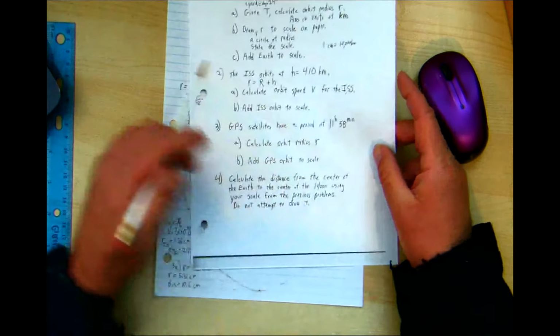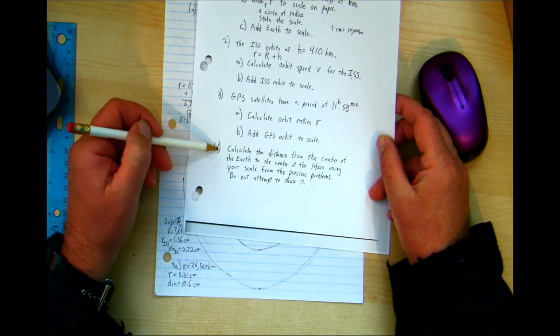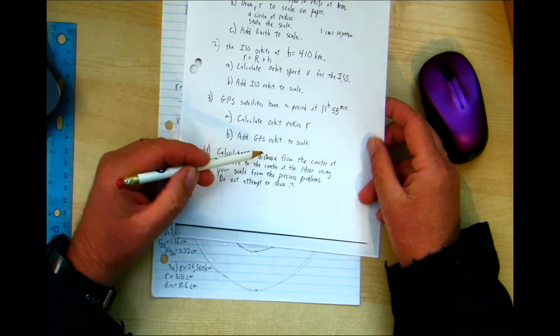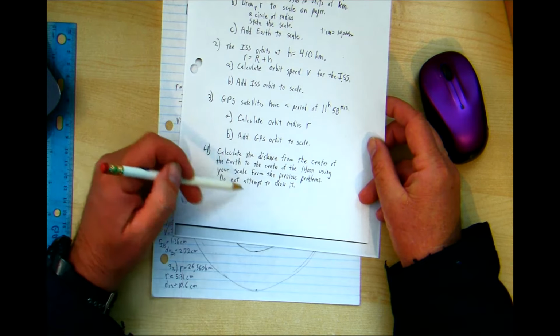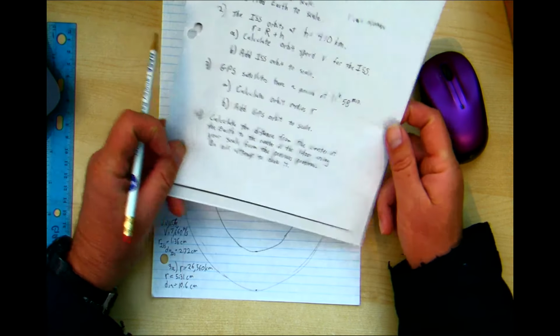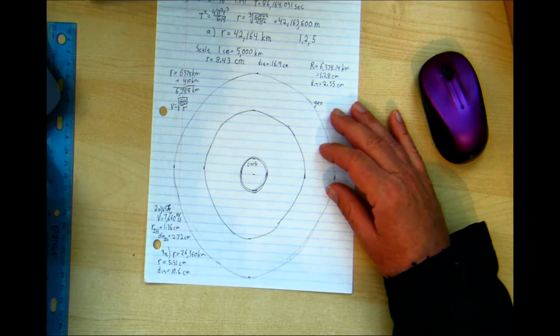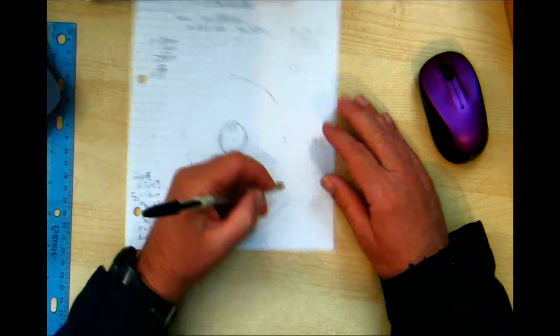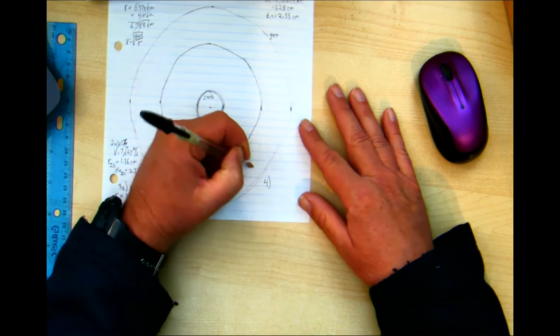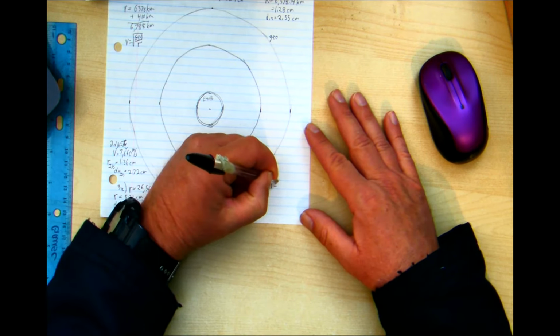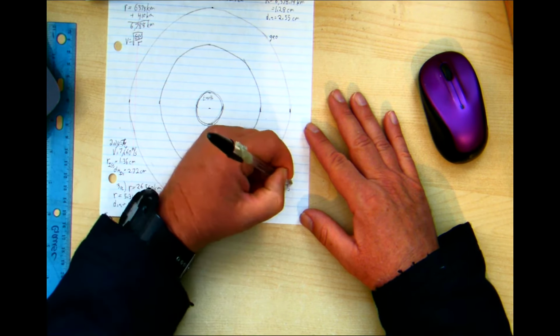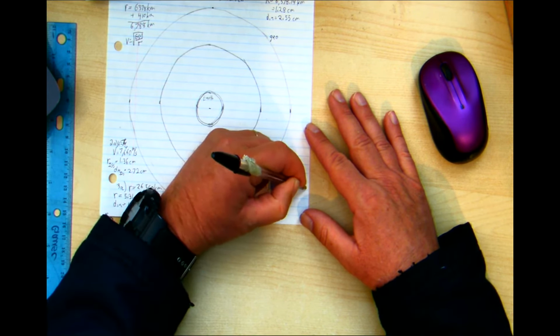Okay, so finally, number 4. Calculate the distance from the center of the Earth to the center of the Moon using your scale from the previous problems. Don't attempt to draw it. For number 4, we look up the distance from the center of the Earth to the center of the Moon, and we see that distance is 384,400 kilometers in real life.